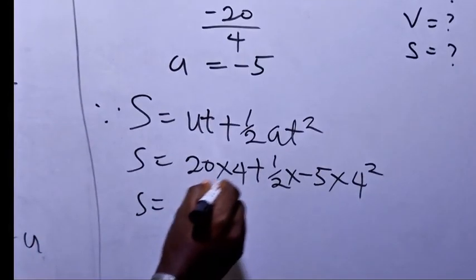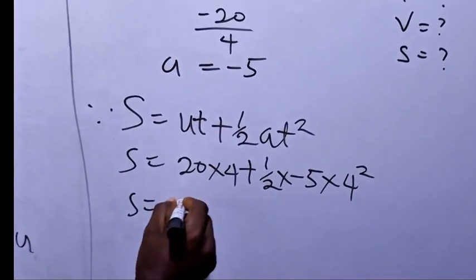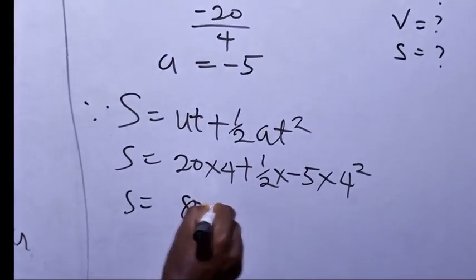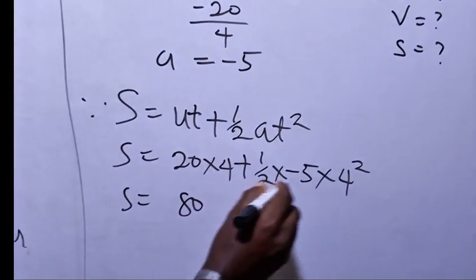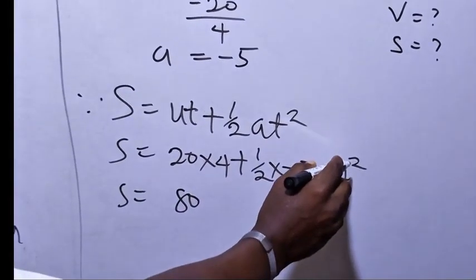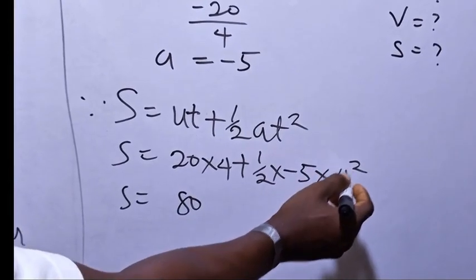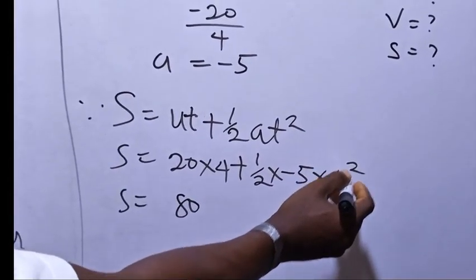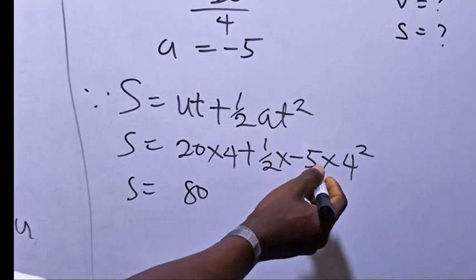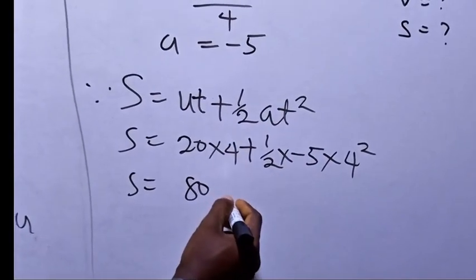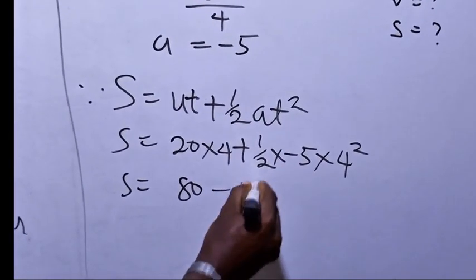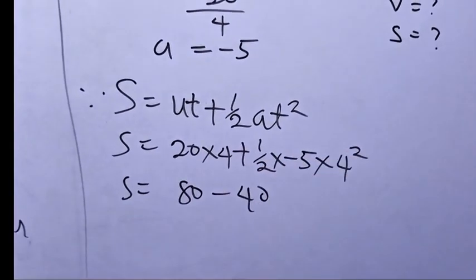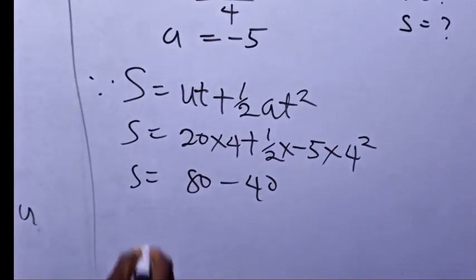S equals 4 times 20, which is 80, and 4 squared is 16, multiplied by 5 and by half, we will have minus 40. Because of this minus sign, minus plus will be minus.